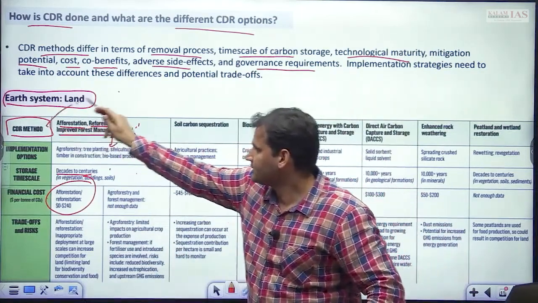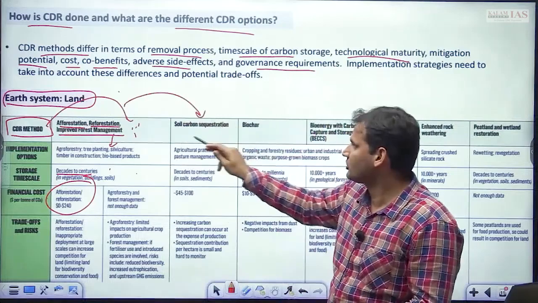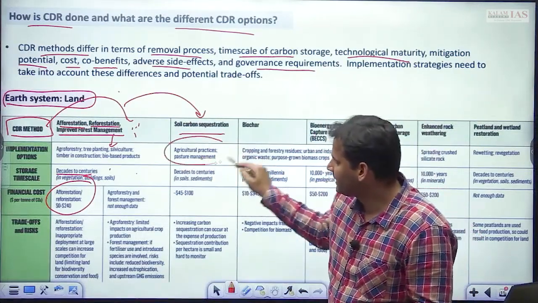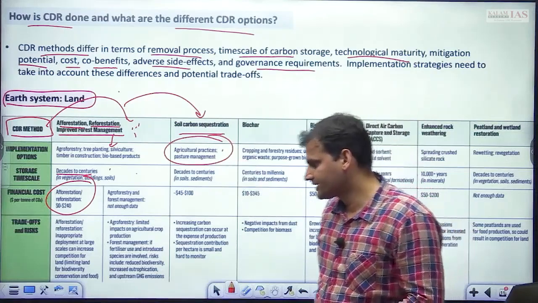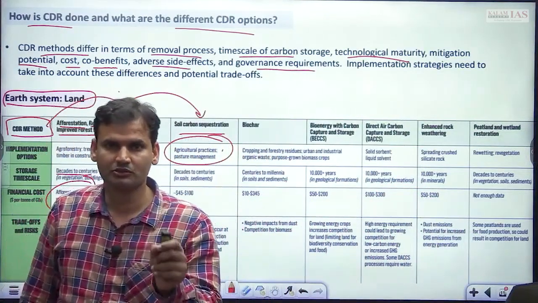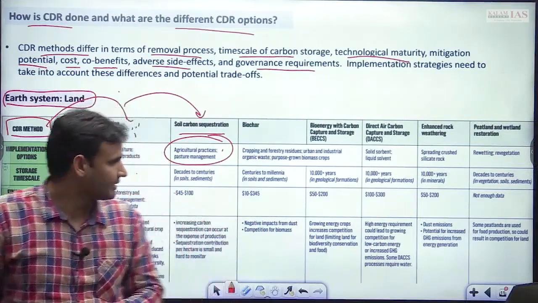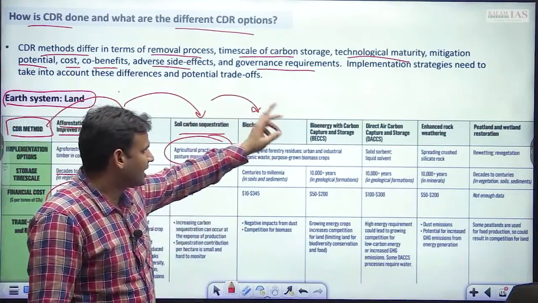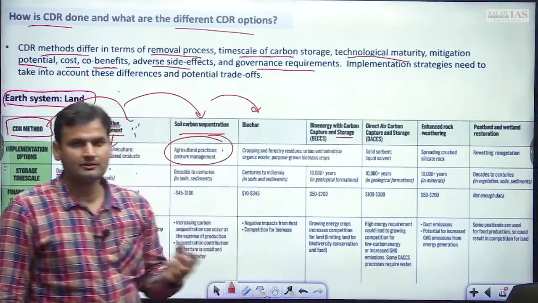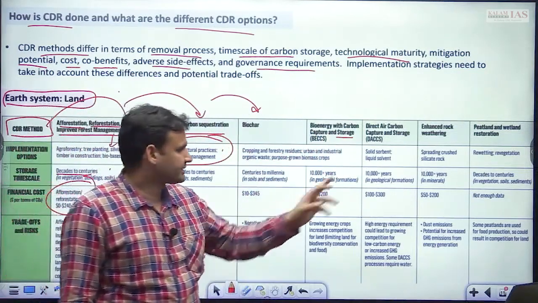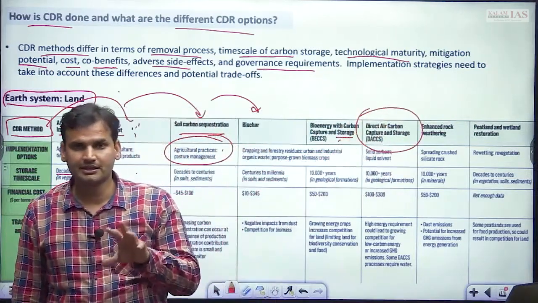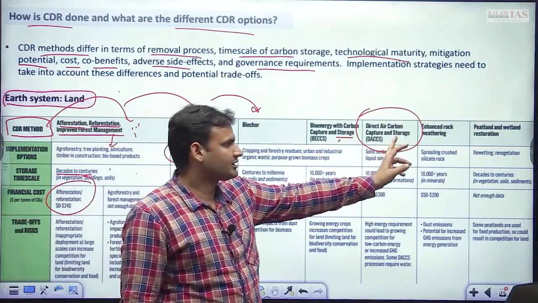And the CDR method can also be soil carbon sequestration. Soil sequestration can be through agricultural practices, for example, zero tillage for that matter. It also helps to sequester carbon. Also biochar and bioenergy with carbon capture and storage, that is CCS. And very important is direct air carbon capture and storage.